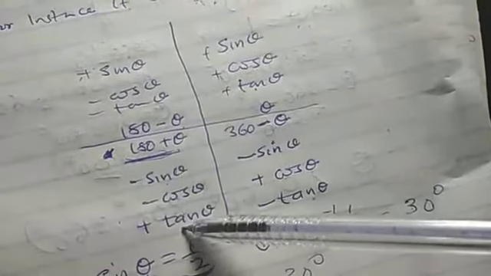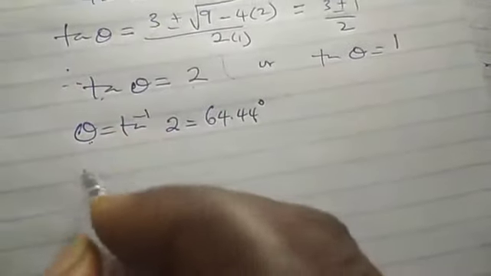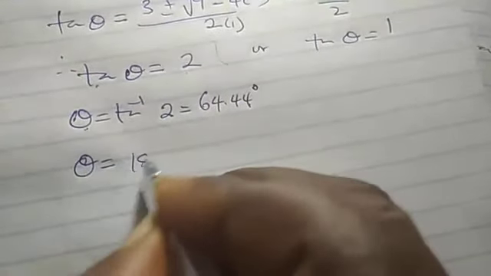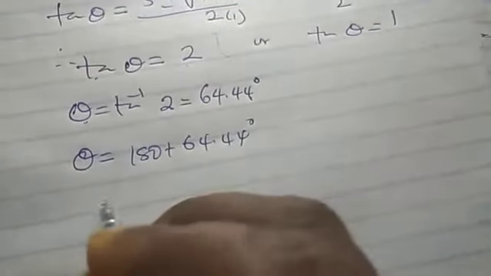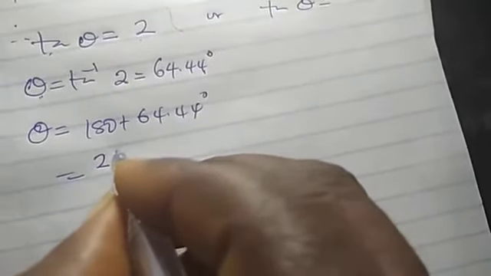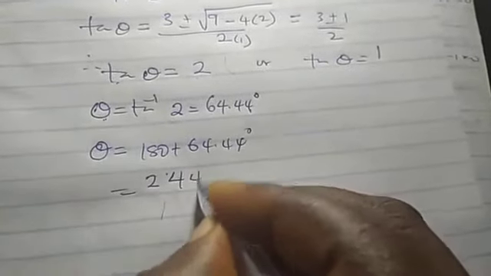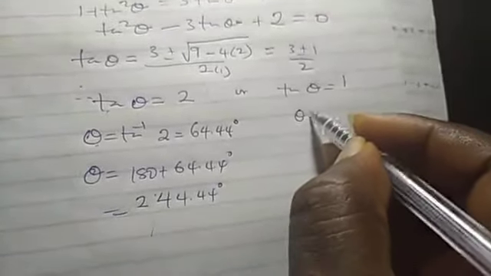The third quadrant is the only other place where tan is positive, and what we have there is 180 plus theta. So in that case, our other theta will be 180 plus 64.44, and that will be equal to 244.44 degrees.